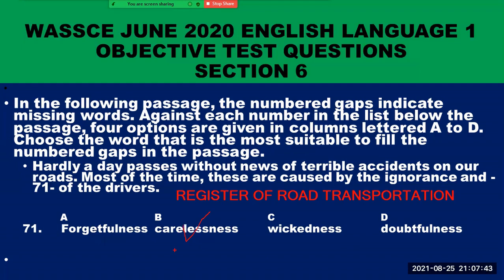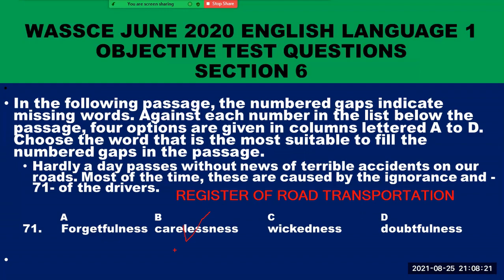field of activity. For example, words that are associated with politics are different from words that you use in talking about agriculture. And the words you use in talking about agriculture are also different from the words you use in discussing sports. All right. So every field of human activity has its own unique language, and there are terms and terminologies that are frequently used when talking about a particular field of activity.